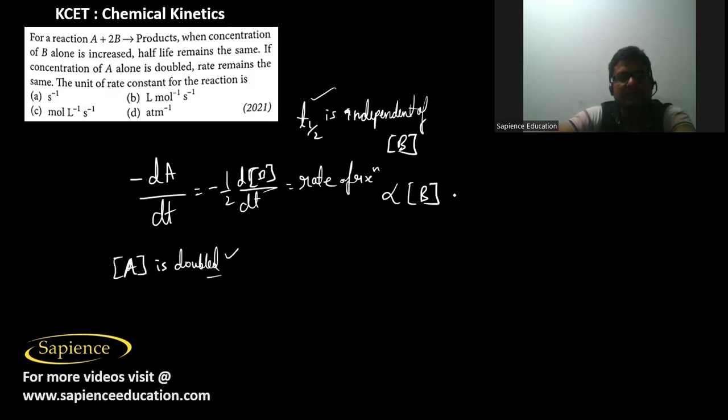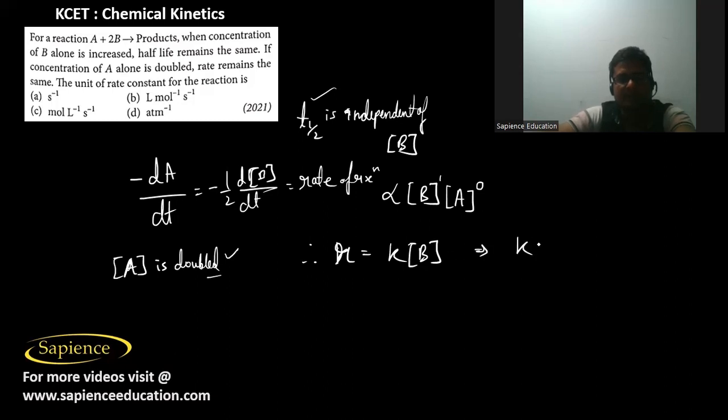So it means that it is independent of the concentration of A. So it is order 0 with A, and order 1 with B. Therefore, the rate of the reaction equals K into concentration of B.